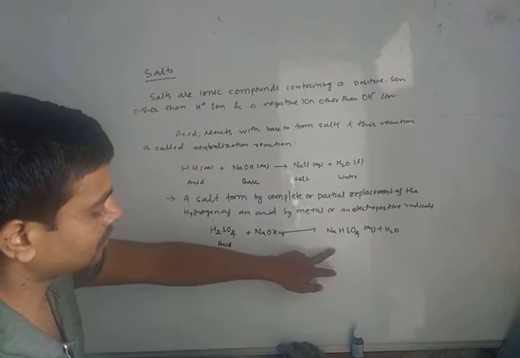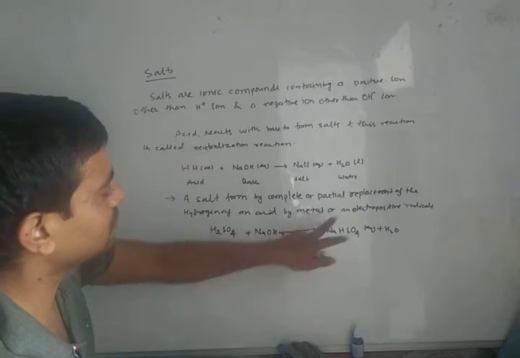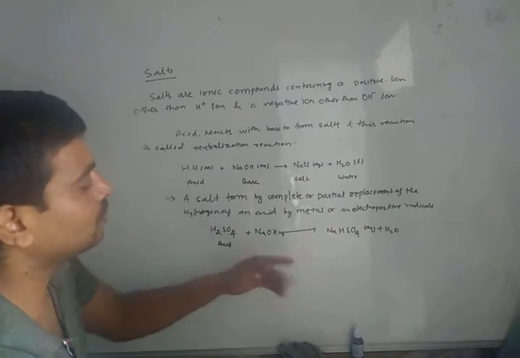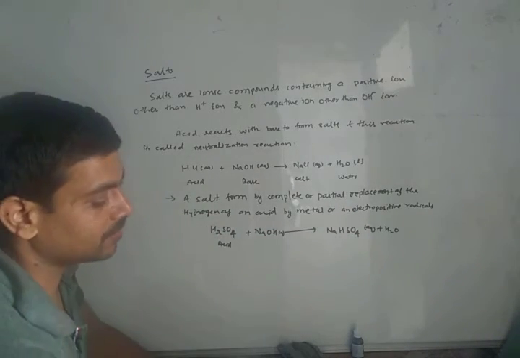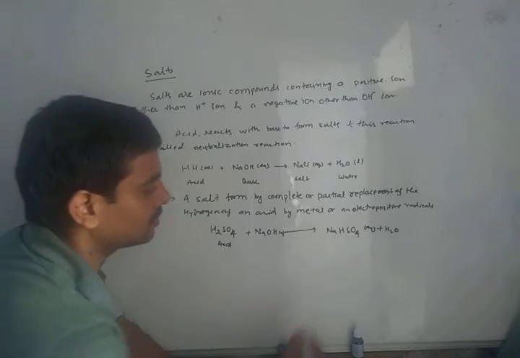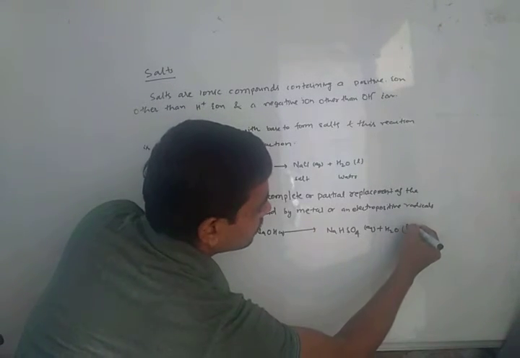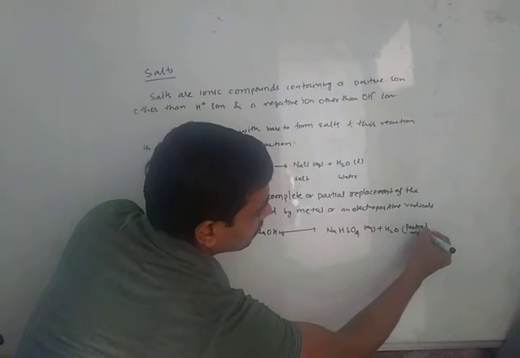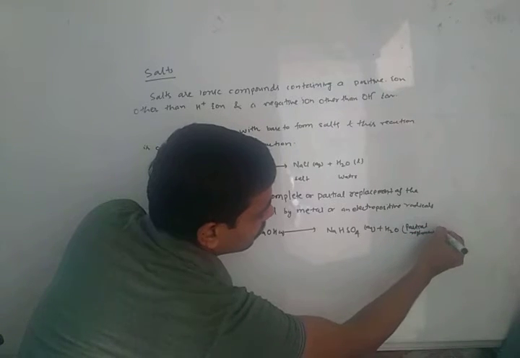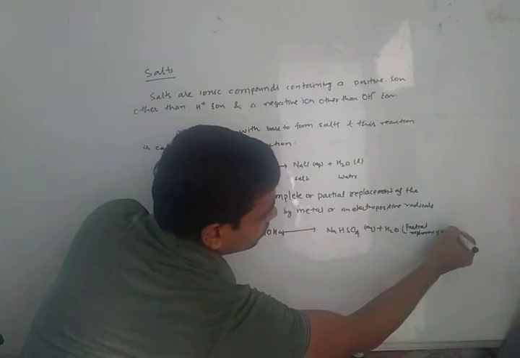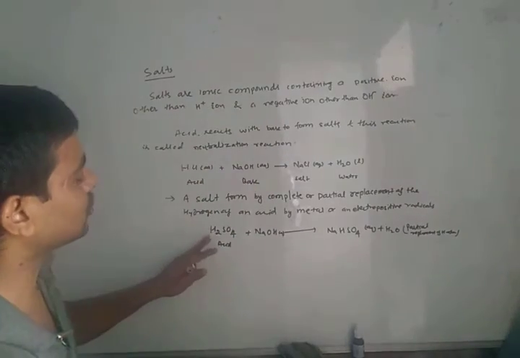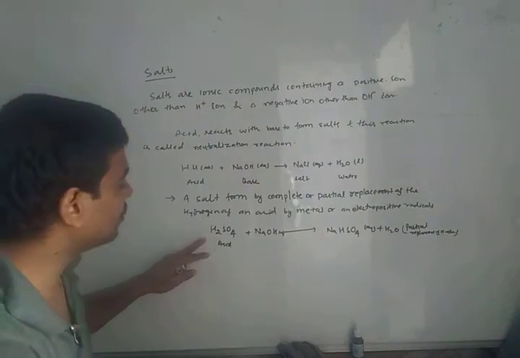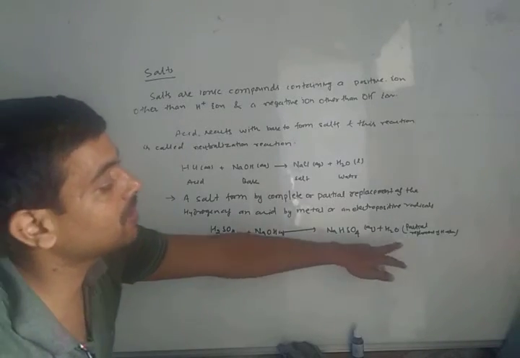This is the salt with partial replacement of hydrogen. Because in H2SO4 there are two hydrogen atoms, only one hydrogen atom gets replaced by one sodium atom.